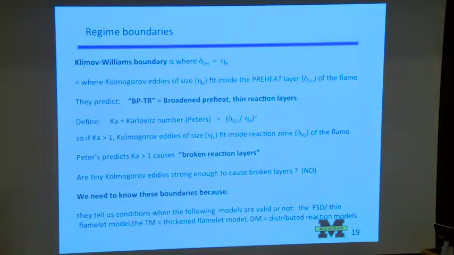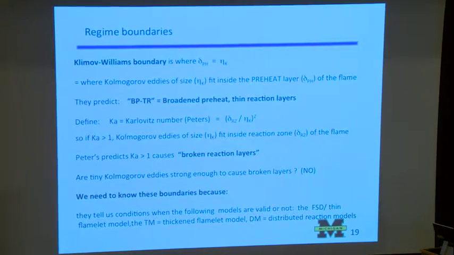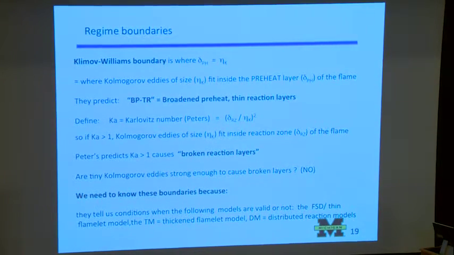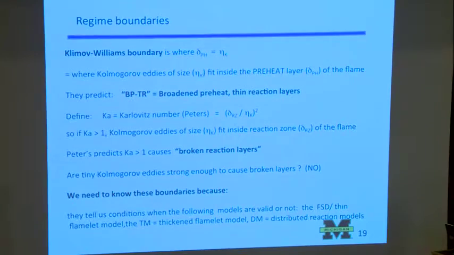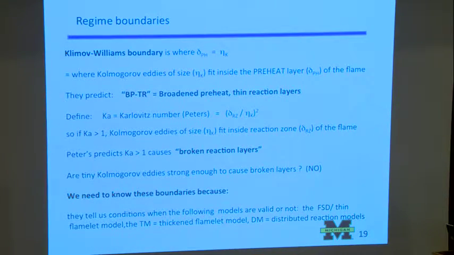Okay, so this is what I said. Peters predicts broken layers when the Kolmogorov scale gets inside the reaction zone. But there's a lot of controversy about that. First of all, the Kolmogorov scale is so small, it's so weak that that eddy can't even turn over once, and it just dies because of viscosity. So there's nothing very impressive about a Kolmogorov eddy.